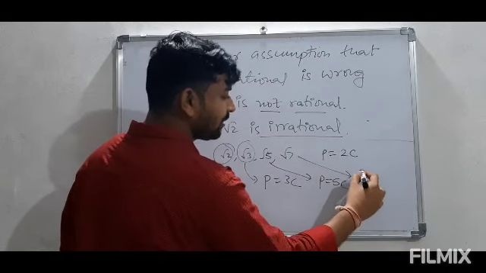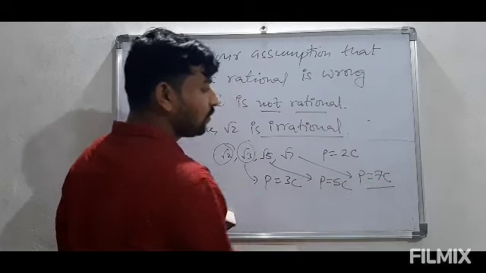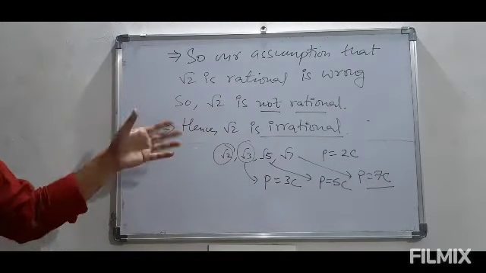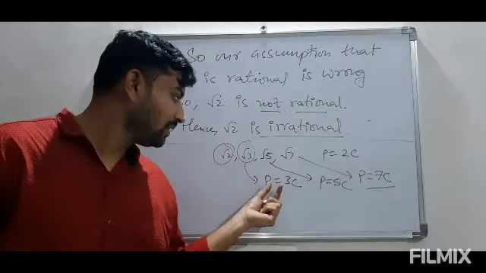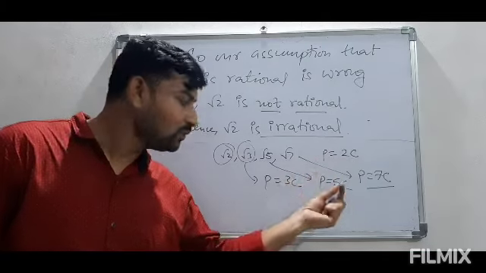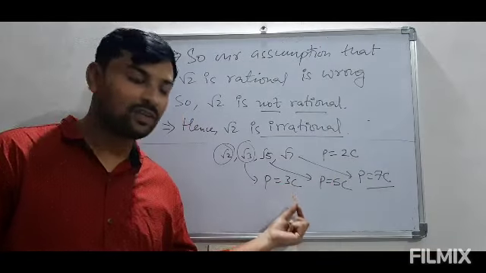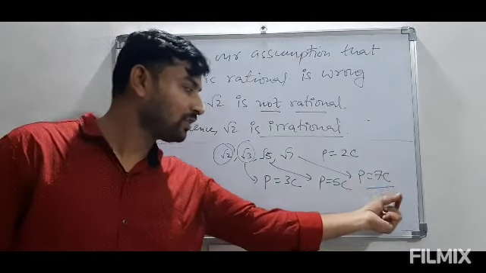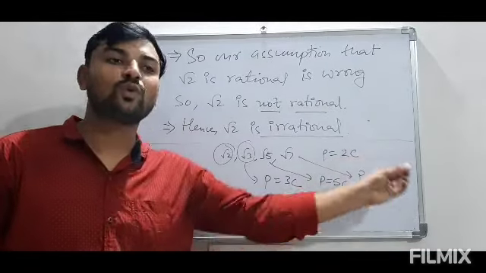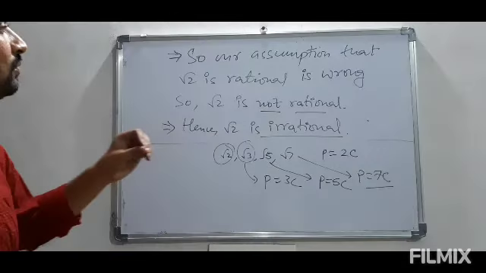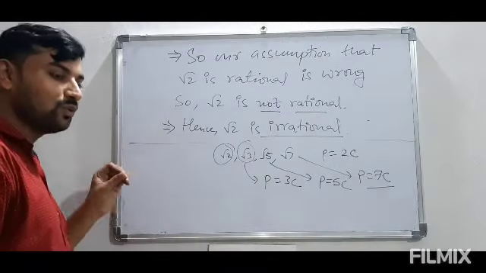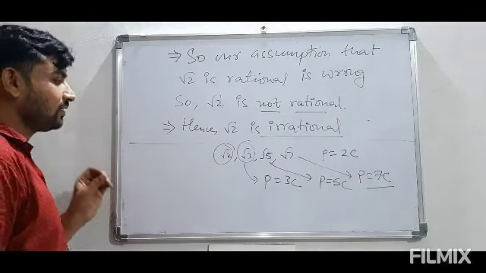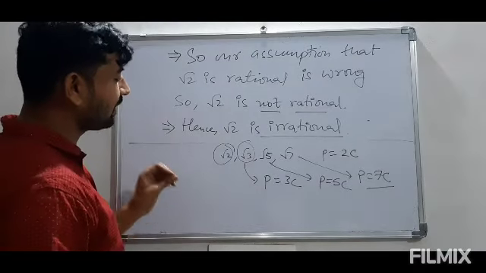For root 7, we will write P is equal to 7c, and so on. Here it was common factor 2. So in case of root 3, it will be 3. In case of root 5, it will be 5. And in case of root 7, it will be 7, and so on. So this is how we prove root 2, root 3, root 5, all these prime numbers under radical sign as irrational.